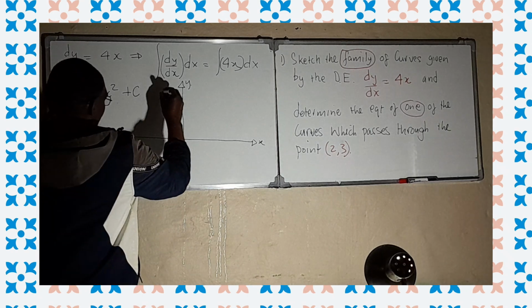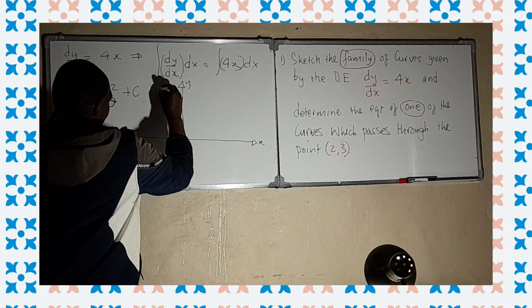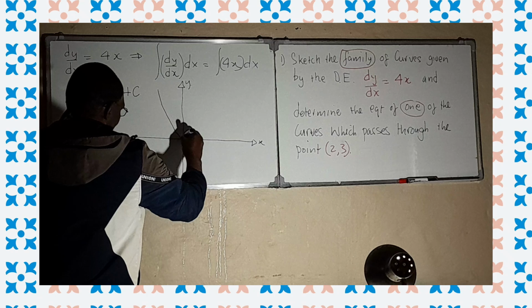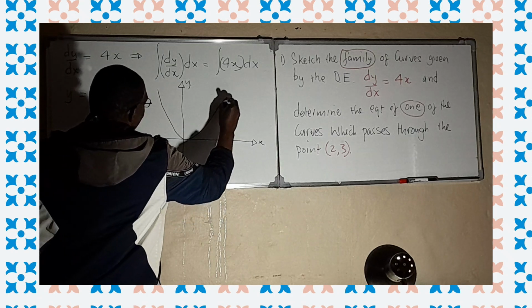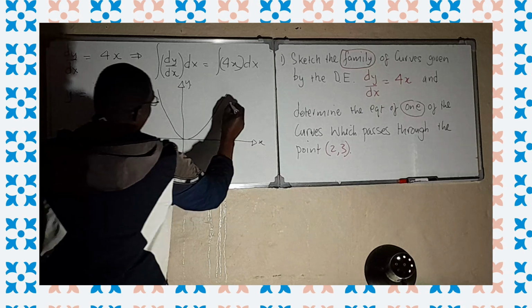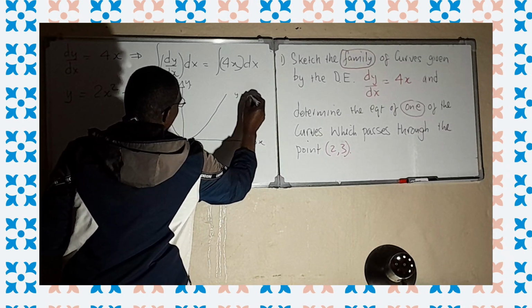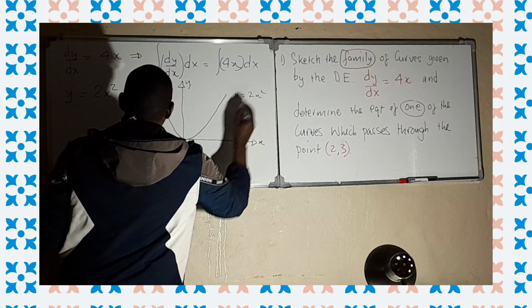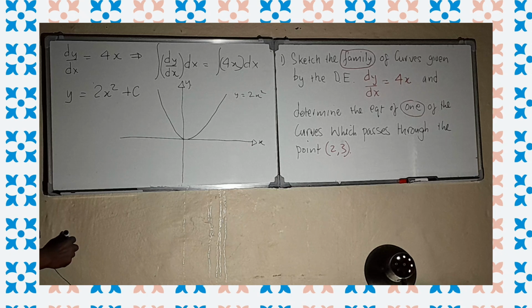It passes through the point (0, 0). It will have perhaps a shape like this. I hope I get my shapes right. So this would be the one where y is equal to 2x squared, with c equal to 0.